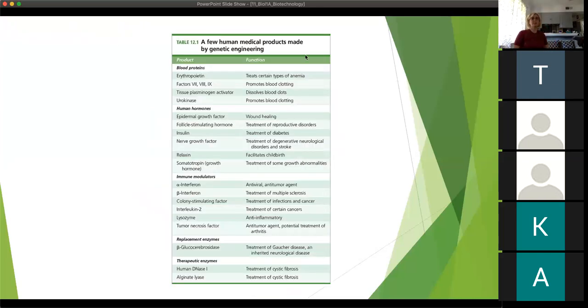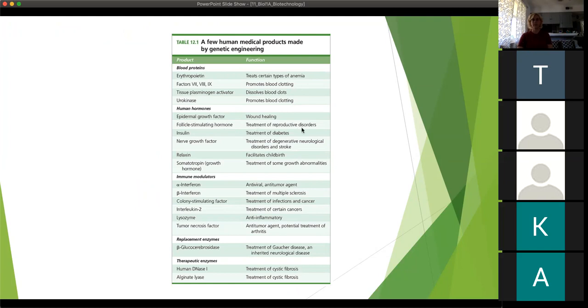So here are some human medical products that have been made by genetic engineering, by molecular cloning. So lots of blood proteins. So people who have anemia, people who have blood clotting issues like hemophilia, or people who have too many blood clots, lots of proteins there. Human hormones, wound healing, treatment of reproductive disorders.